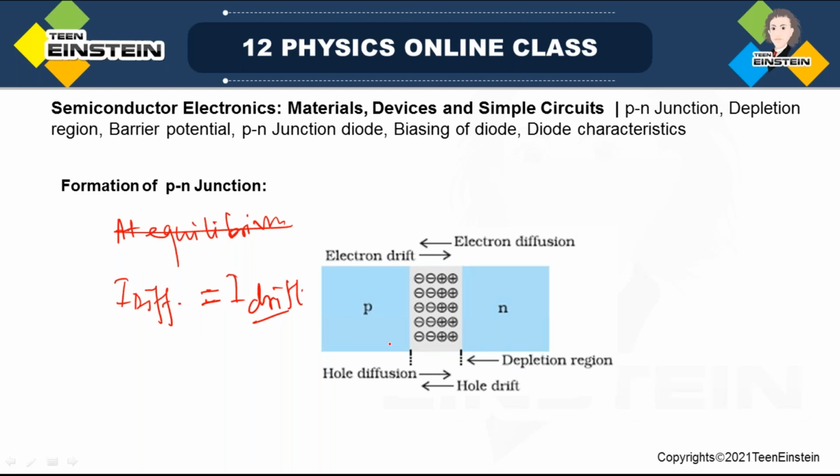Okay. So this is about how PN junctions are created. This region is free of charges. That's why this is called the depletion region.